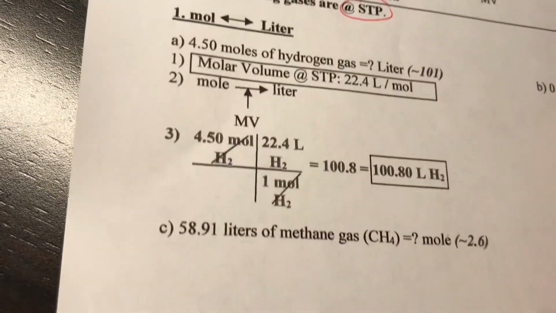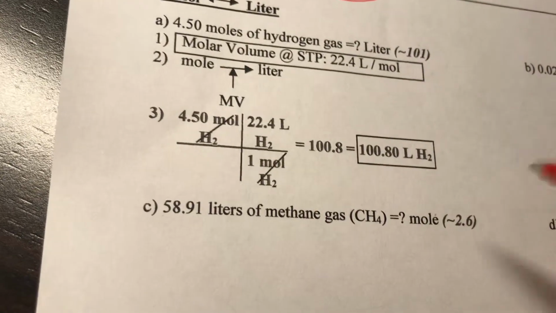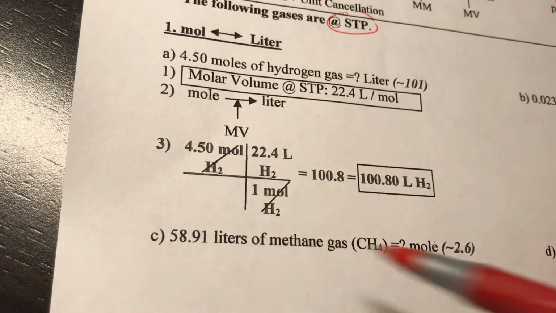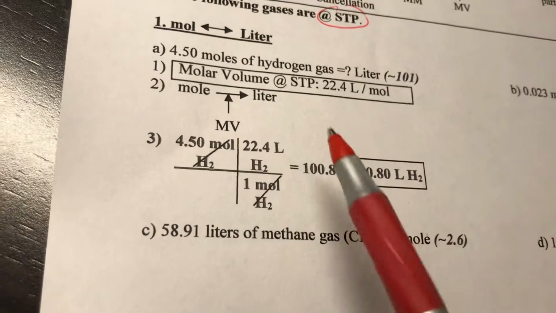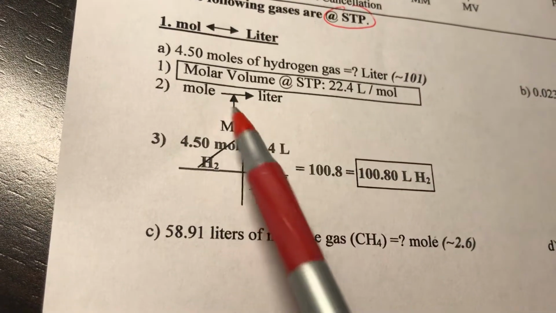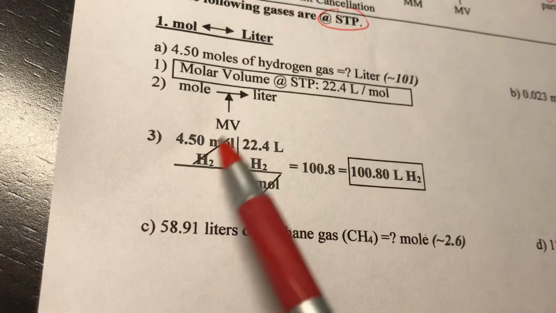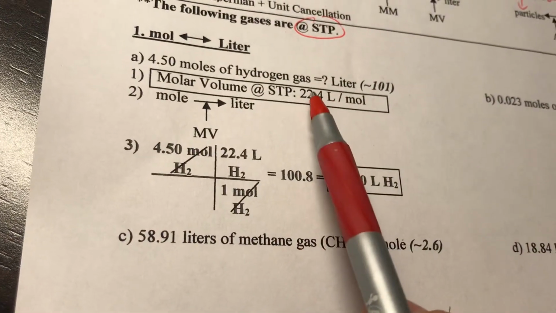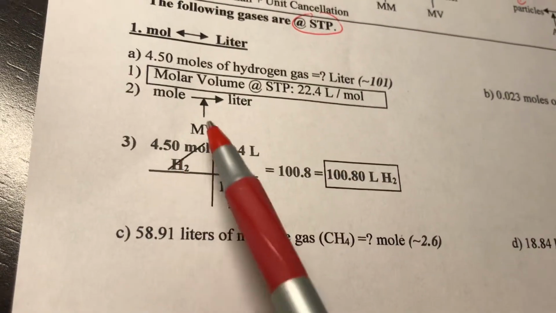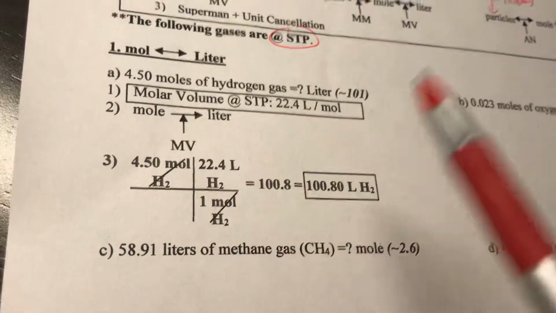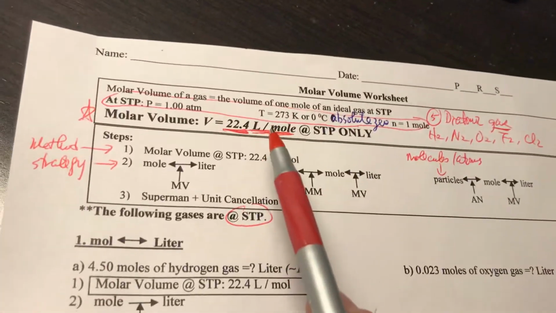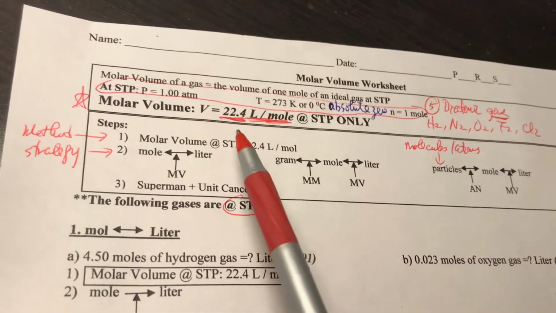There's an example here. From mole to liter, I'm using MV. If I give you 4.5 mole of hydrogen, you set up Superman with 4.5 mole hydrogen, and then you use 22.4 liter per 1 mole.